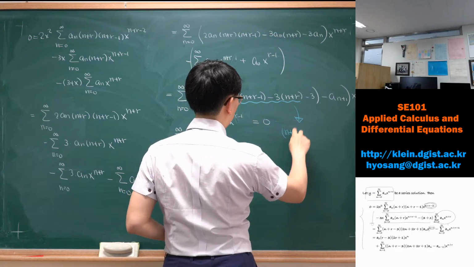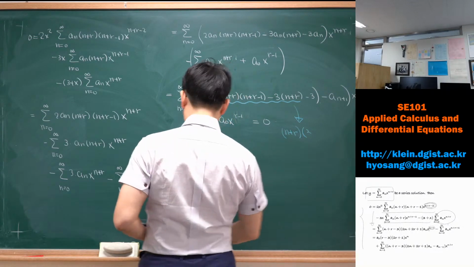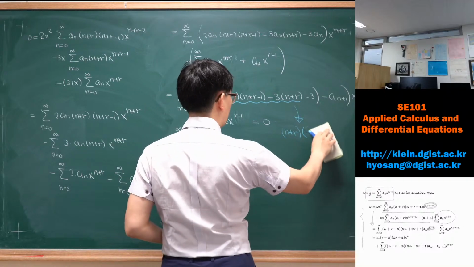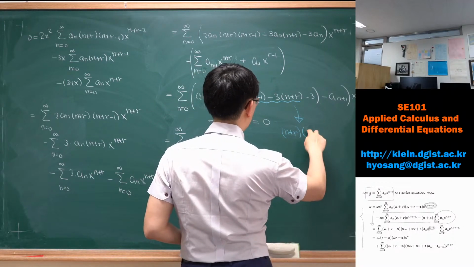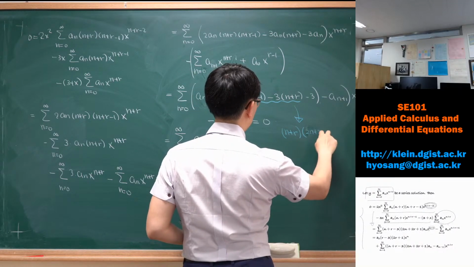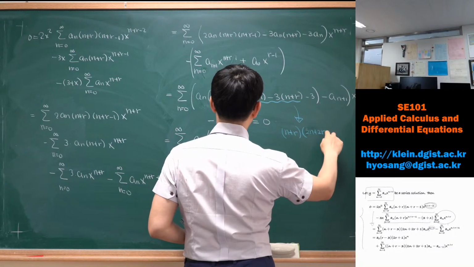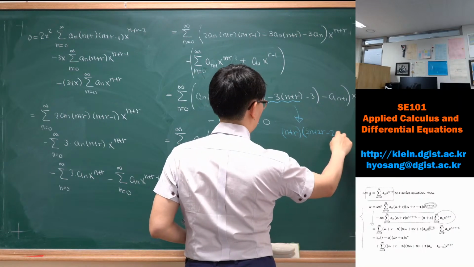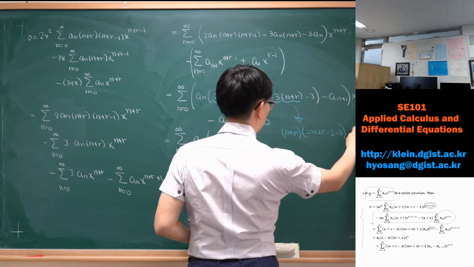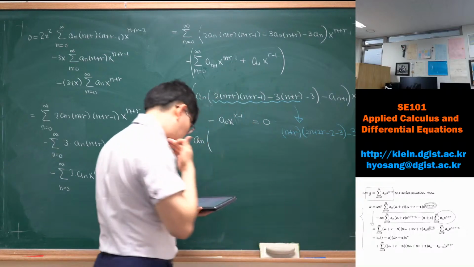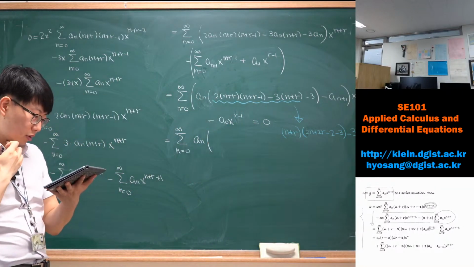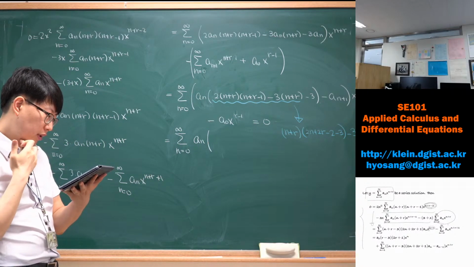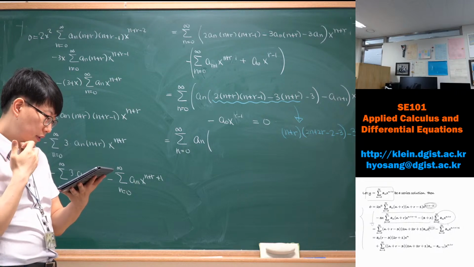So this is n plus r, 2n plus 2r minus 2 minus 3 minus 3. I'm sorry, so I think I messed up with some computation.